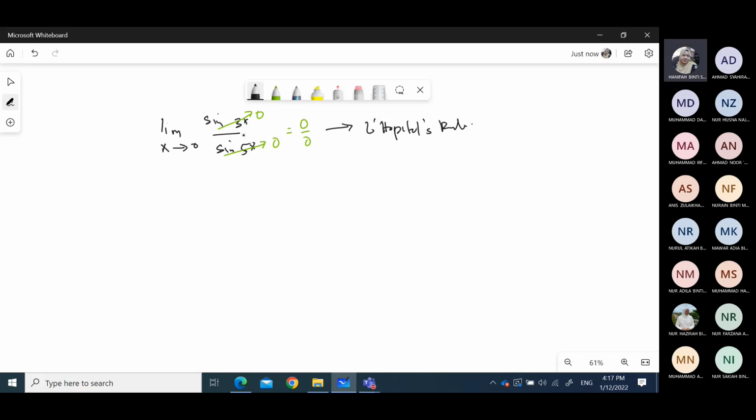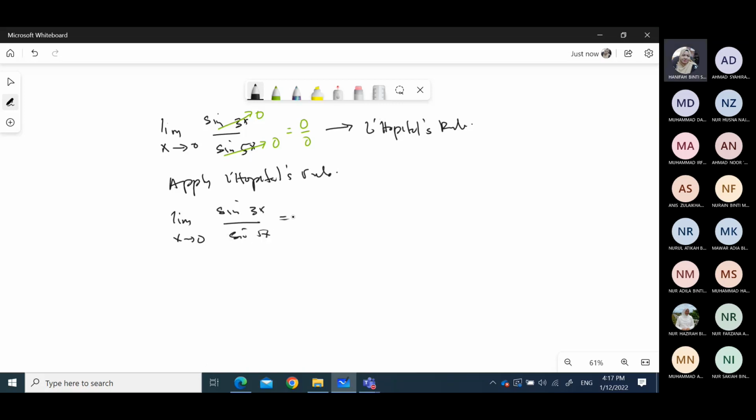Alright, so in L'Hopital's rule, we need to differentiate for numerator and denominator. So now we need to apply L'Hopital's rule. Okay, so apply L'Hopital's rule, limit x approach to 0, we have sin 3x over sin 5x.